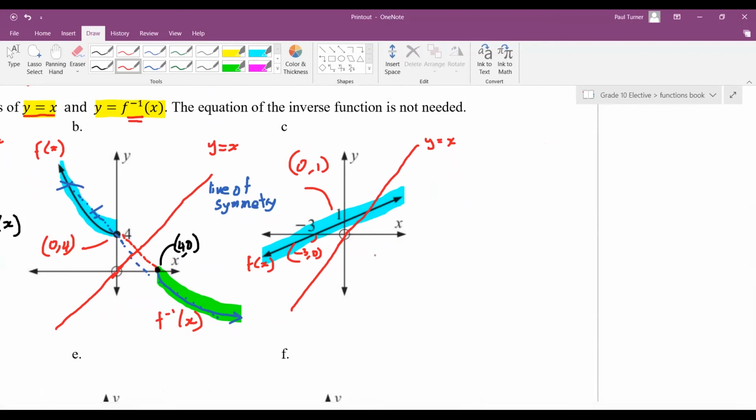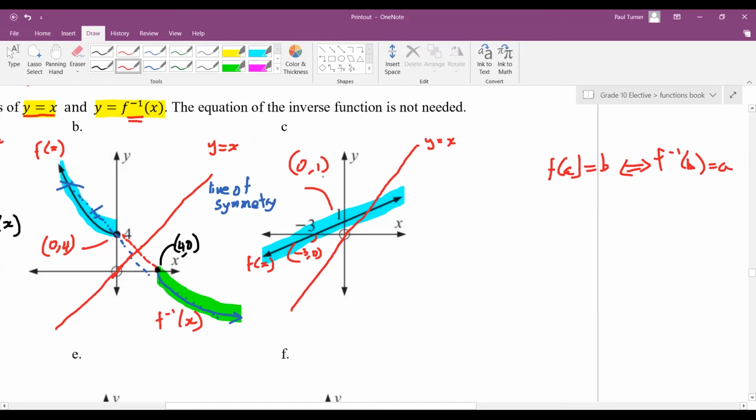So 0, 1 becomes 1, 0. So A, B becomes B, A. They write it like this actually, f(A) = B, and for your inverse function, we swap them: f inverse of B equals A, like that.